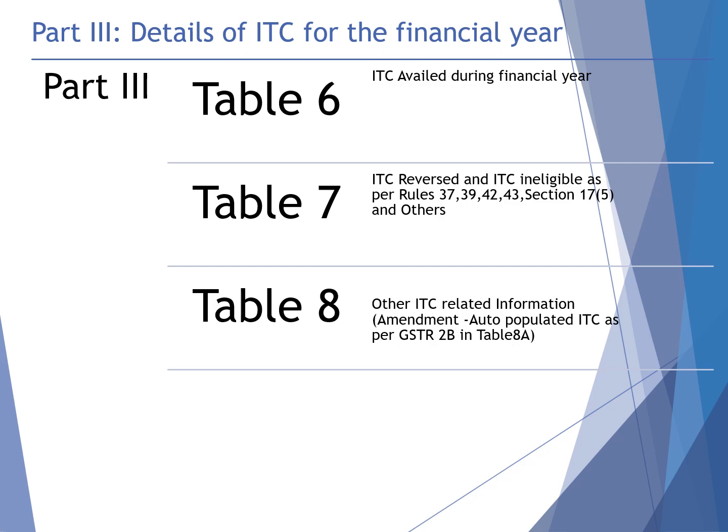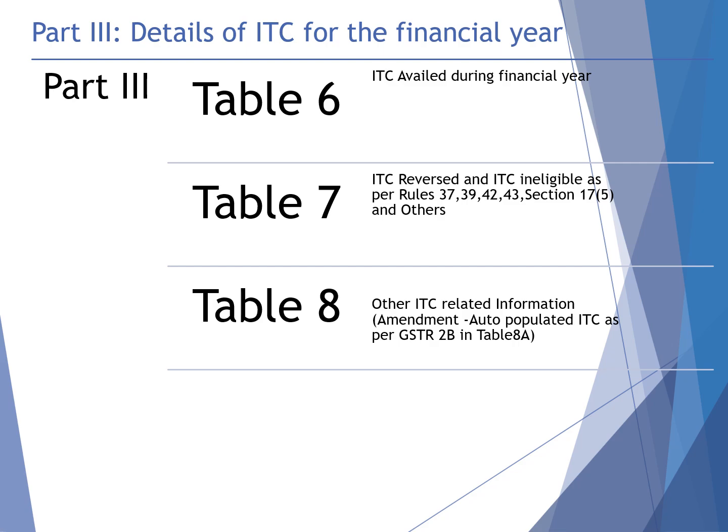Rule 42, Rule 43, which require ITC to be reversed due to the common credit in respect of inputs and input services. Rule 43 is for capital goods, and Section 17 subsection 5 is for blocked credit. And we have to give the required ITC reversal details due to transitional credit.